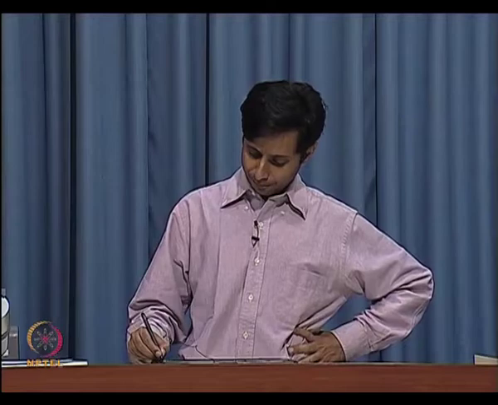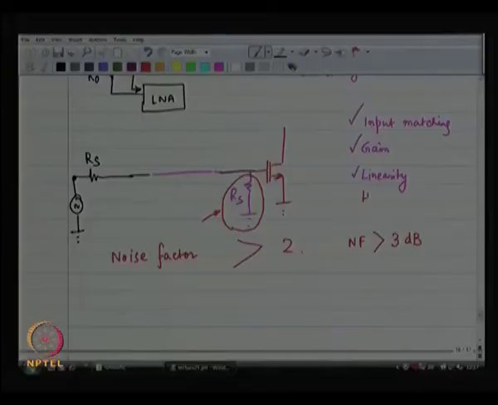So, once I put the MOSFET there, it is going to go up to 4 dB, 5 dB, something like that, right. So, this kind of a low noise amplifier is not competitive because of a horrible noise figure. So, my zeroth cut design where I did matching, but I did nothing else, did not really work. It can't work as a low noise amplifier.